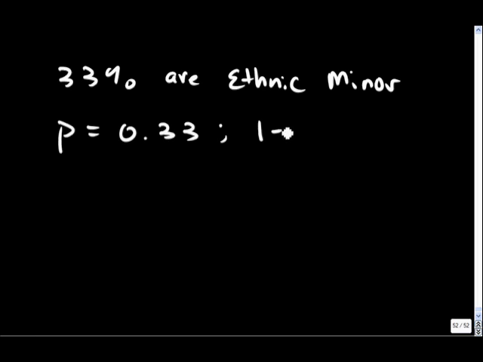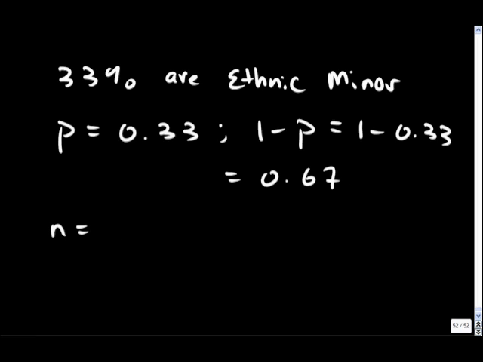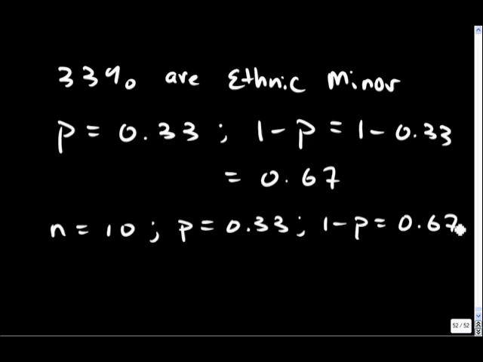The complement, which is a non-ethnic minority, will be 1 minus 0.33, which will give you 0.67. To recap, n is 10, p is 0.33, 1 minus p is 0.67, and we have to deduce the probability that x is less than or equal to 6.